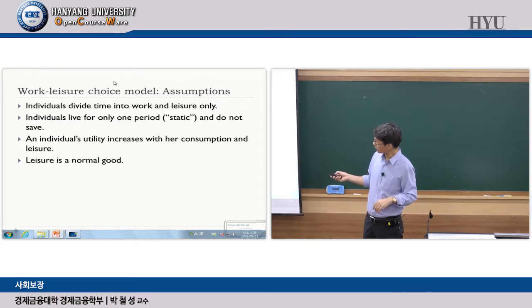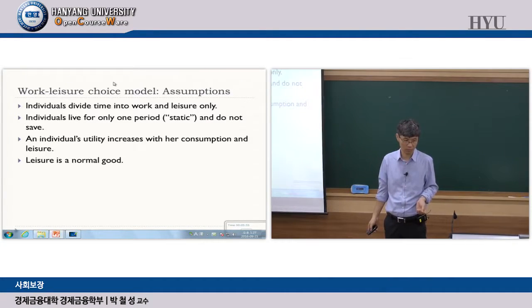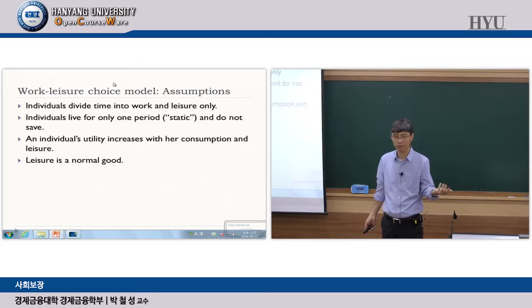The last assumption is a pretty important one: we assume leisure is a normal good. Leisure is a good, and what kind of good? A normal good. What's the definition of a normal good? Income effect is positive.